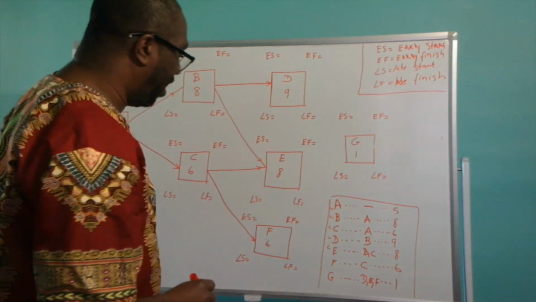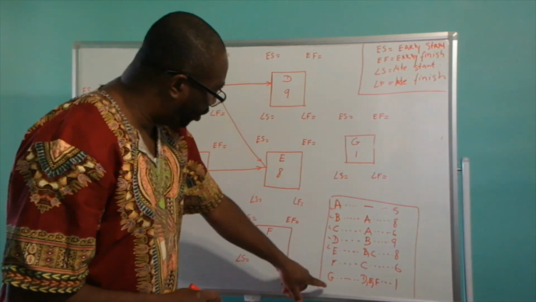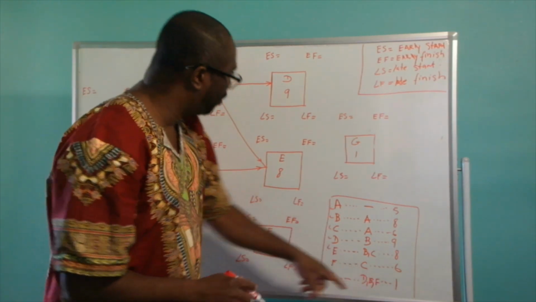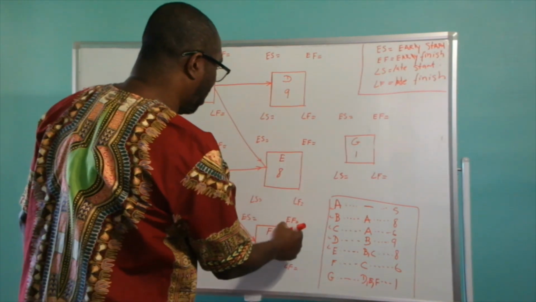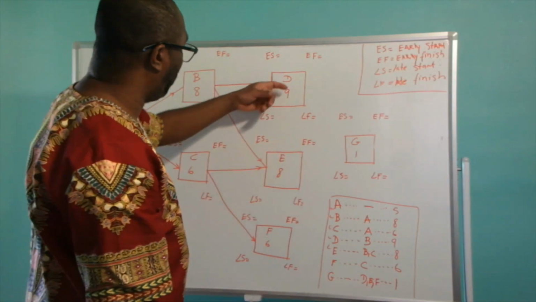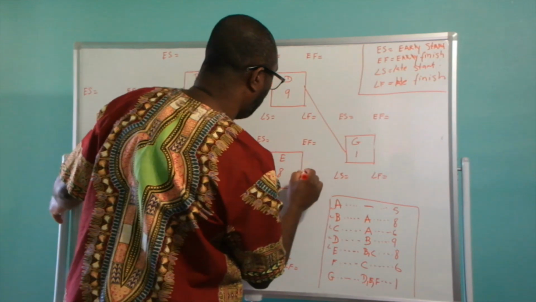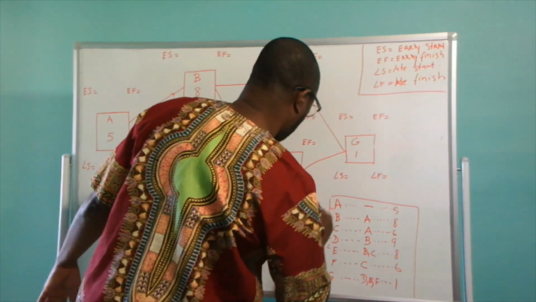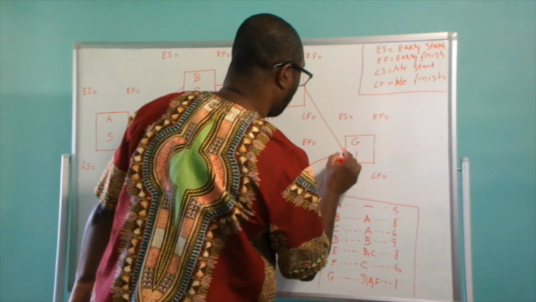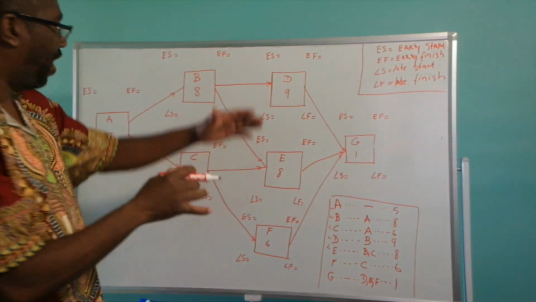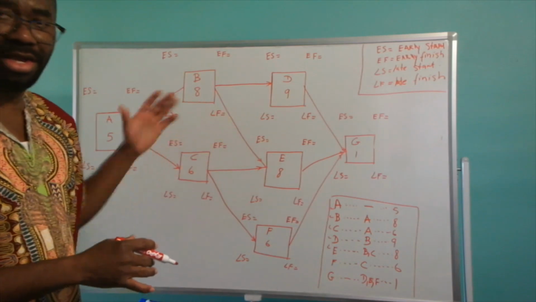Right? And then we have activity G comes out of activity D, E, and F. So we have D, E, and F. So we're going to link D, E, and F to activity G. So that is our diagram here.